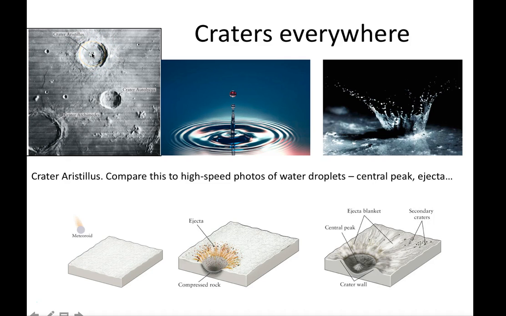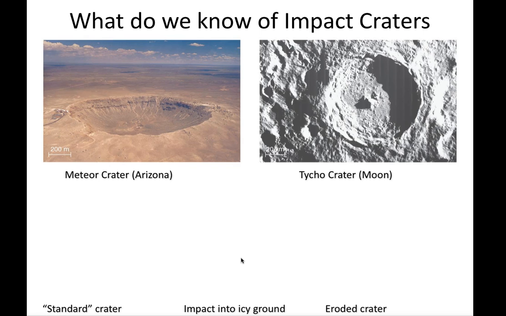We have an interior portion that's raised up, with the edges around it. We can see ejection splashes. We see that frequently on the Moon as well. Examples are Meteor Crater in Arizona on the Earth and the Tycho crater on the Moon, very representative of each other.